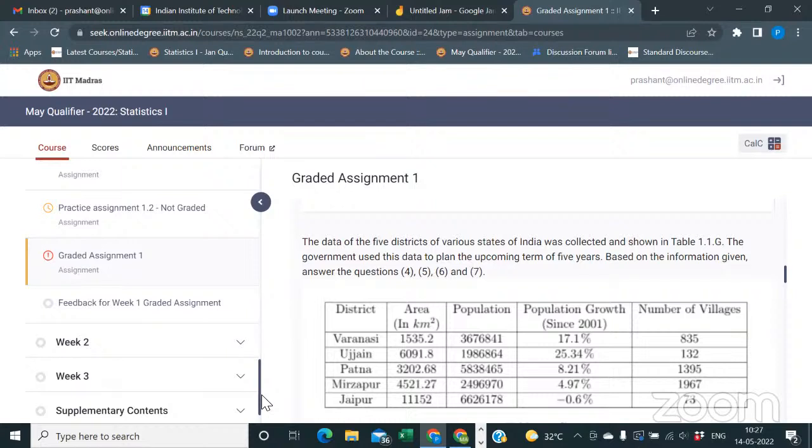Now there is another perspective. Suppose it's asking about the median of the area column or the population column.